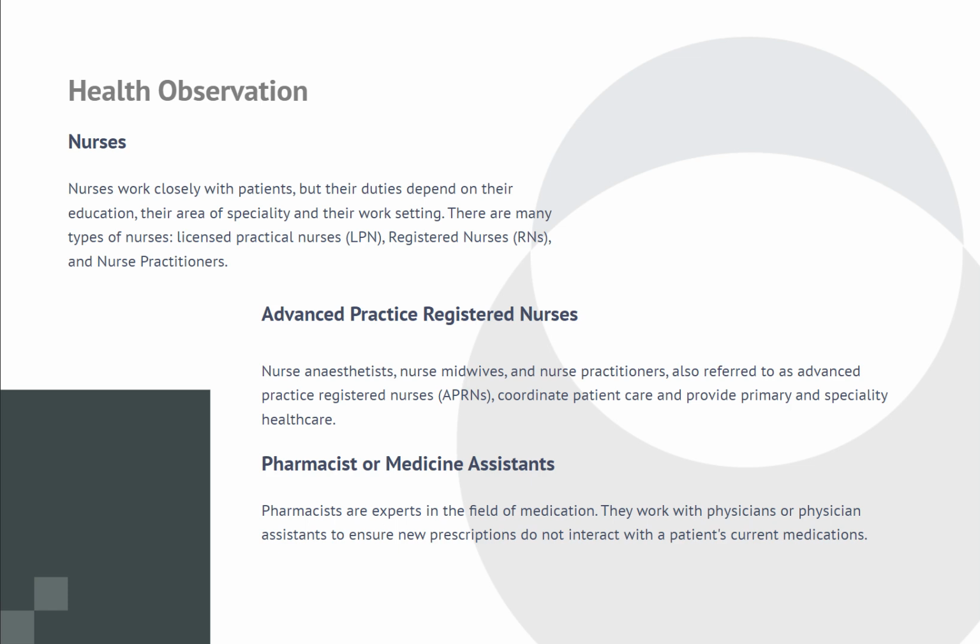Nurse anesthetists, nurse midwives, and nurse practitioners, also referred to as advanced practice registered nurses, APRNs, coordinate patient care and provide primary and specialty healthcare. Pharmacists or medicine assistants. Pharmacists are experts in the field of medication. They work with physicians or physician assistants to ensure new prescriptions do not interact with the patient's current medications.